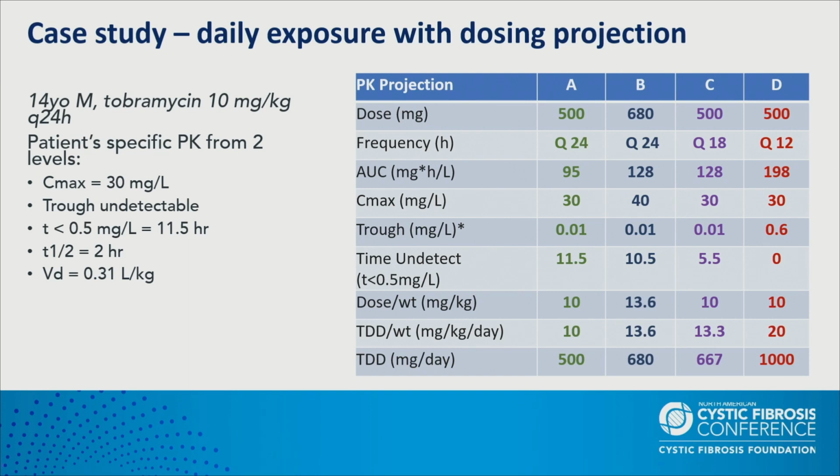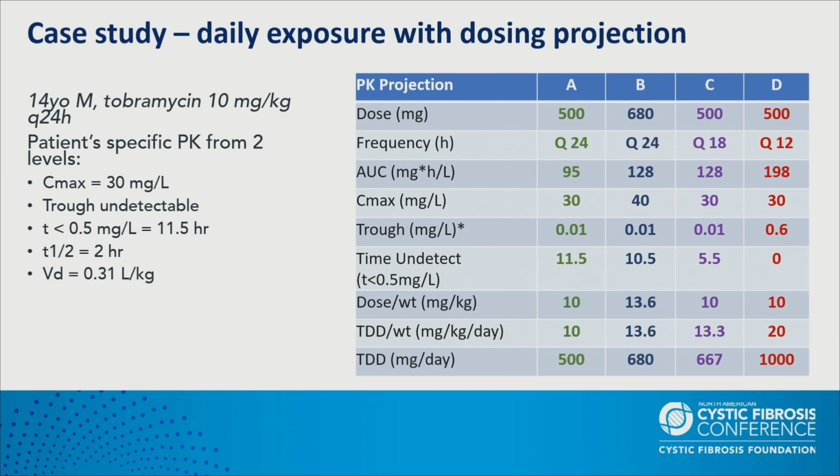To follow the example of the 3 dosing projections for the purpose of comparison, we first turn to regimen B. If we go up on the dose to 13 milligrams per kilo per day and keep the frequency the same, you see a corresponding increase in Cmax to 40, which is our peak, since it's reflective of dose, and AUC also increases to 128, and the extrapolated trough remains undetectable.